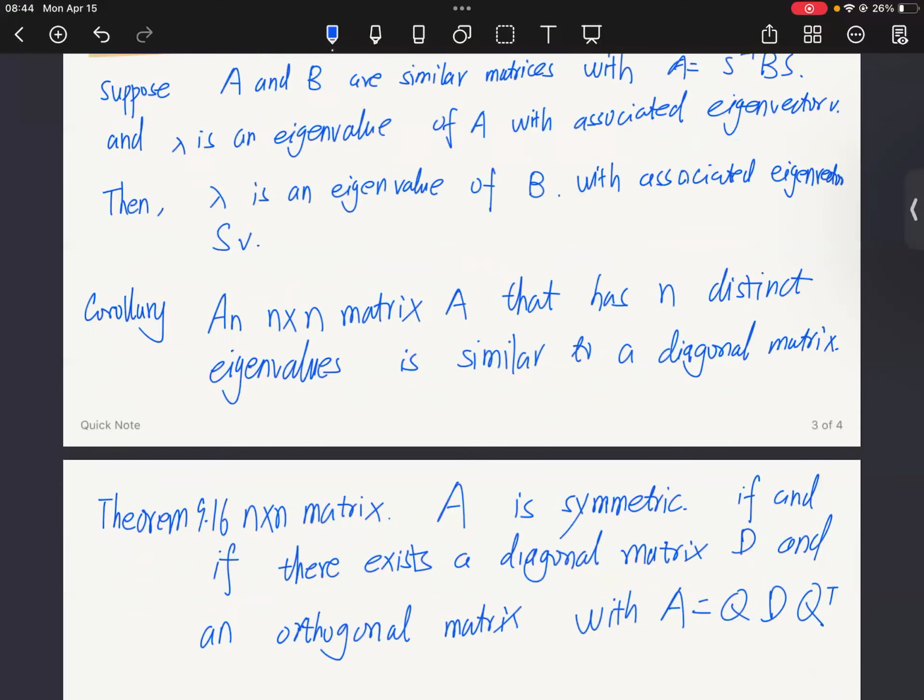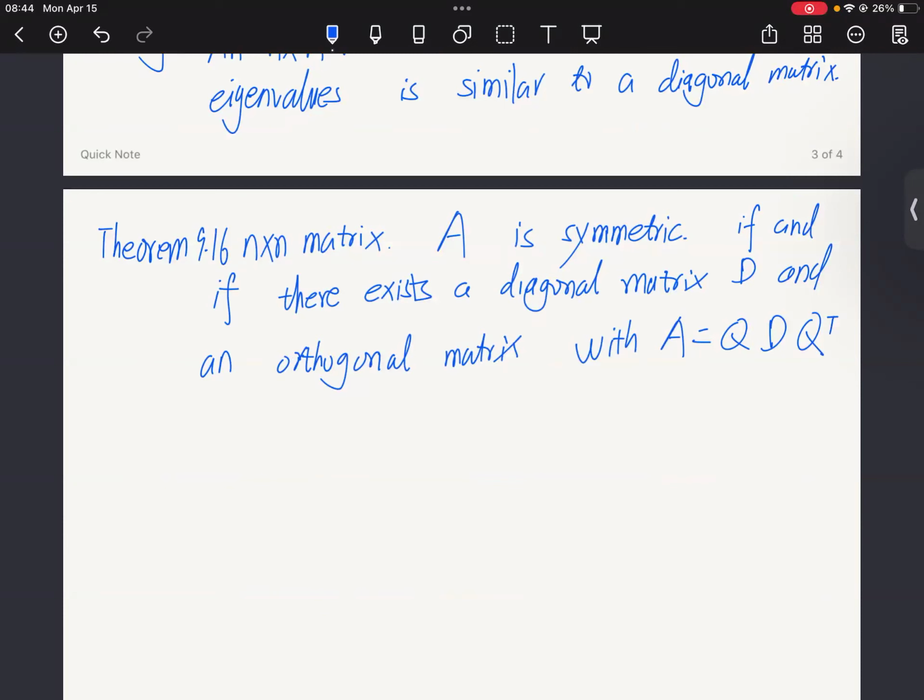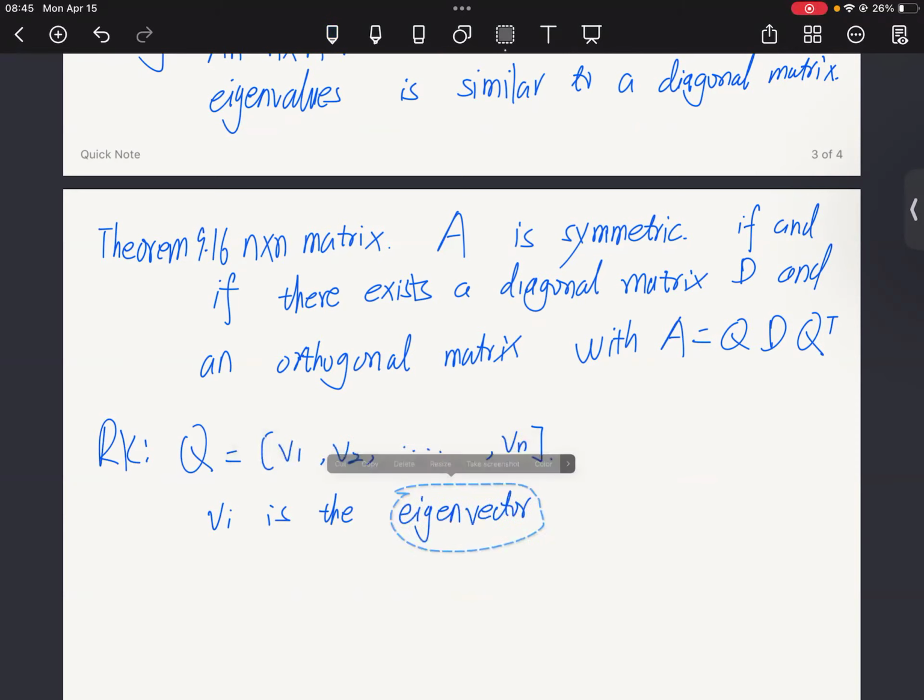I'm just writing down all the things here. So Q could be V1, V2, up to Vn, and the Vi here is an eigenvector, but we require it to be normalized.